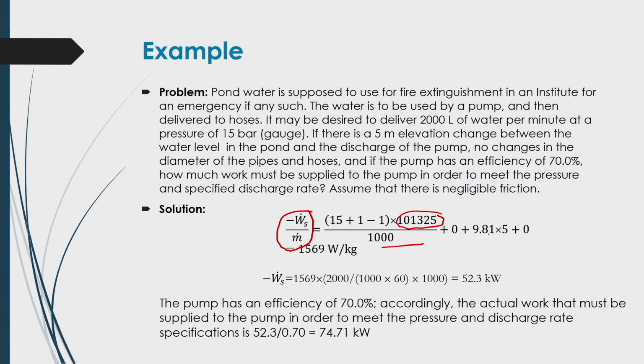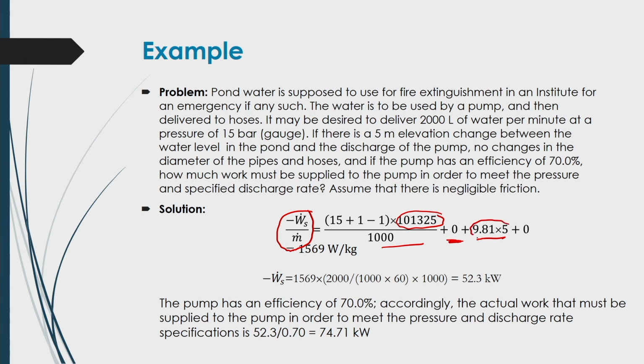After that you have to calculate the kinetic energy. Since the velocities at the inlet and outlet are the same, the kinetic energy change is negligible, it will be 0, whereas potential energy will come because of the elevation.